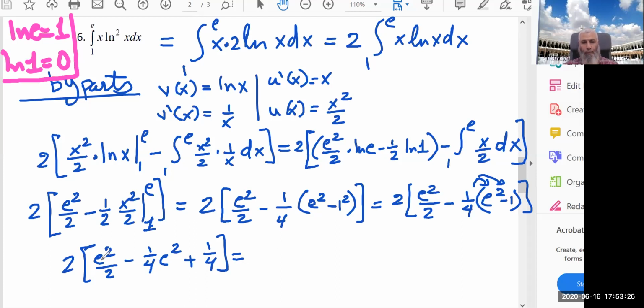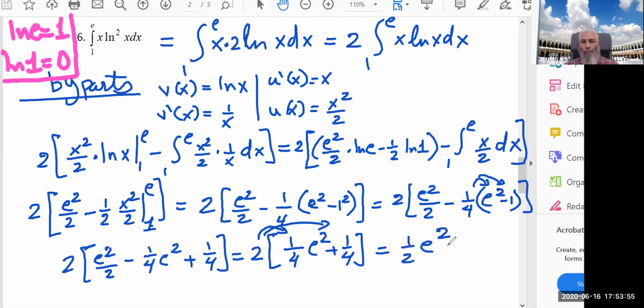So this is 2 times, 1 half e power 2 minus 1 over 4 e power 2, which is 1 half minus 1 quarter is 1 quarter, plus 1 over 4. So we can multiply this 2 here and 2 here. Then it is 1 over 2 e power 2 plus 1 over 2.